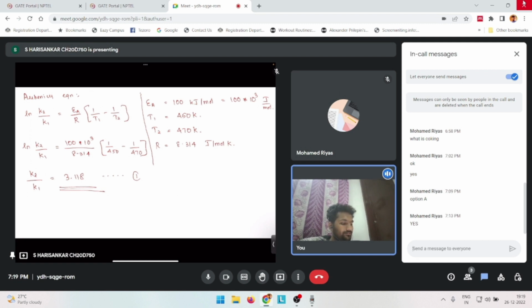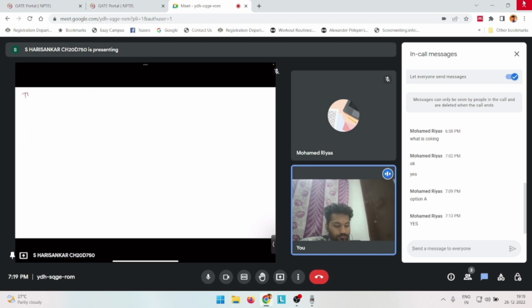Now for our next step, we need to use the concept of Thiele modulus. And Thiele modulus phi is given as L into root of k by De, where De is the diffusivity or mass diffusivity, k is your reaction rate constant, and L is the catalyst slab length.